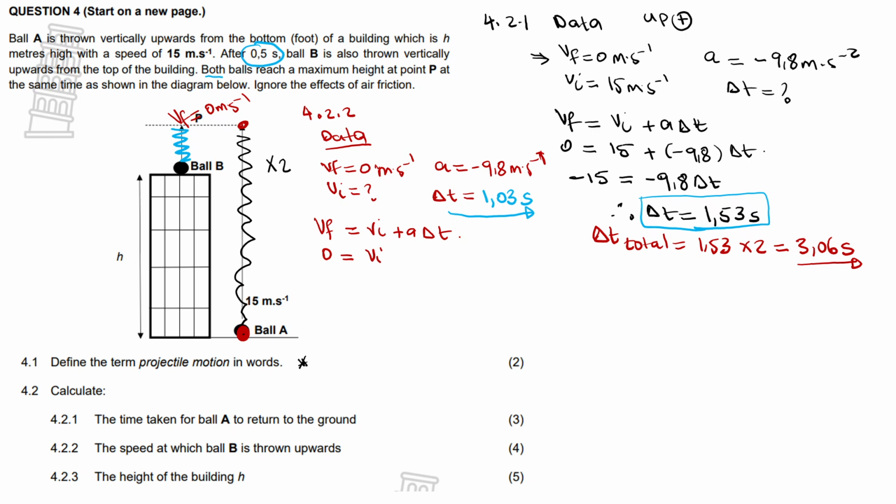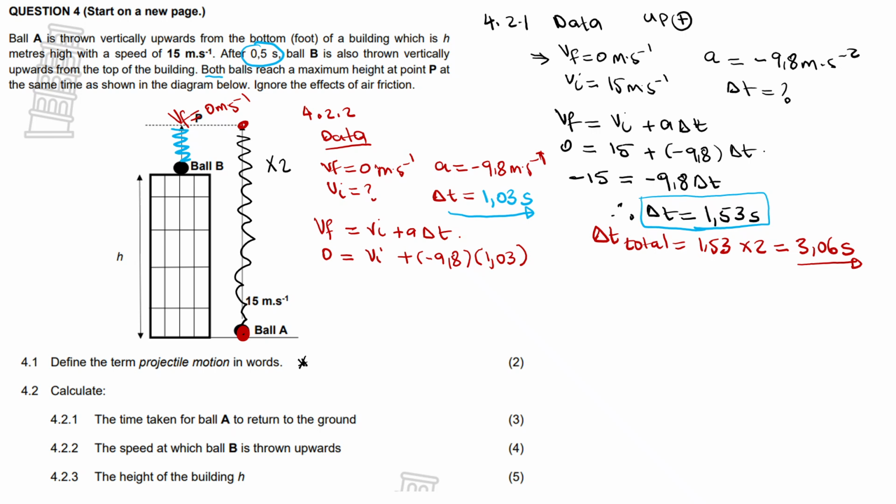Then we're going to say plus negative 9.8 times delta t of what? 1.03 seconds. Right, so what is negative 9.8? We need to take the negative 9.8, multiply that with 1.03, and we get this to be 10 point something.